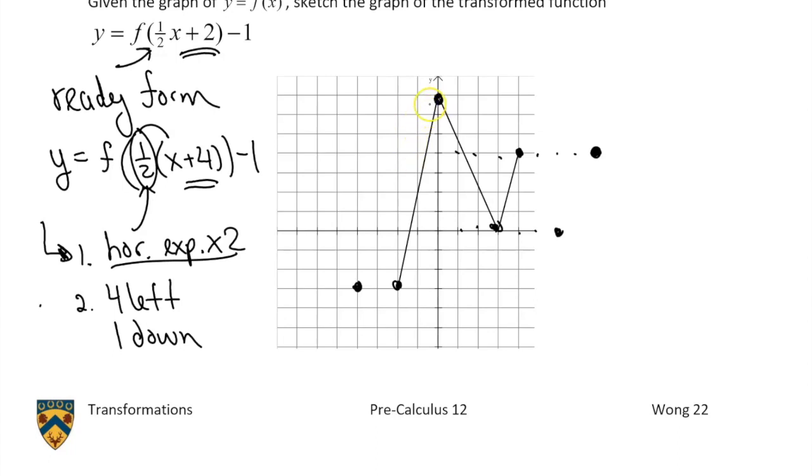If we join this right here, we have a graph that looks like that. It's been horizontally expanded by a factor of 2.